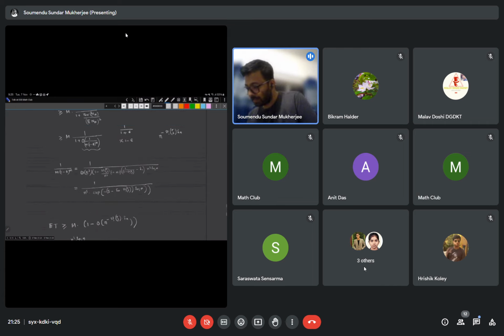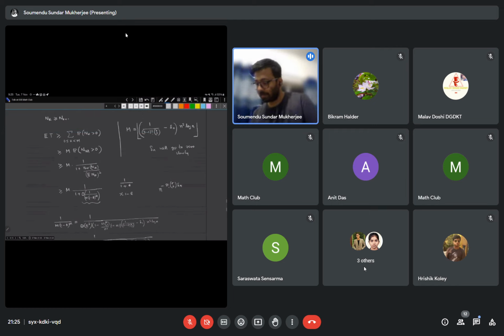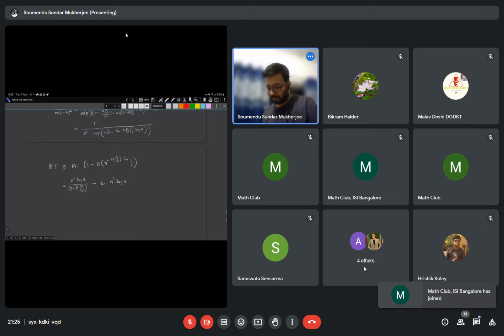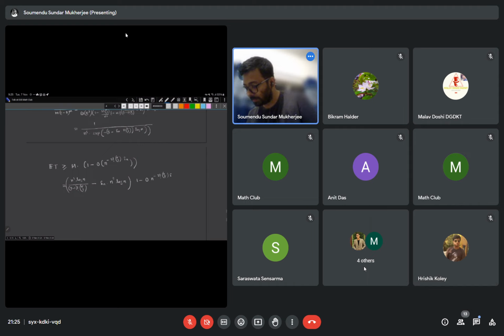Minus, you have this delta n and n to the power s log n times this probability, 1 minus o of n to the power minus s factorial r.